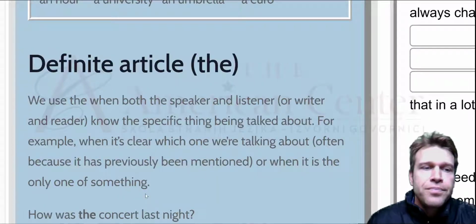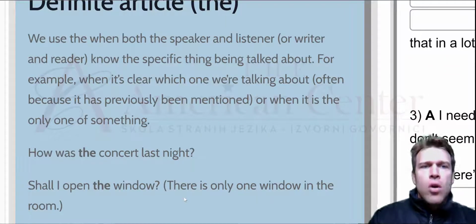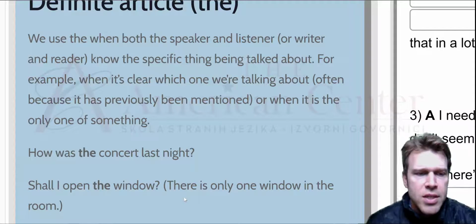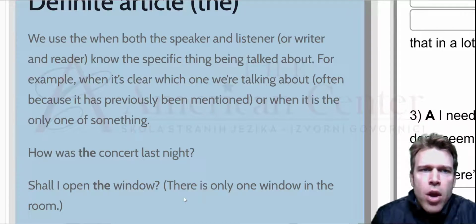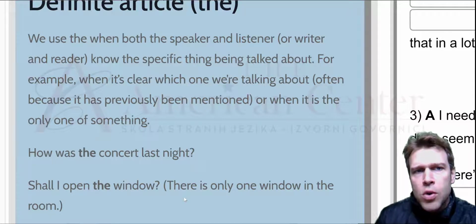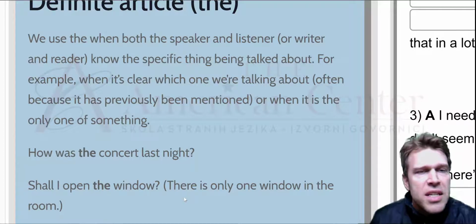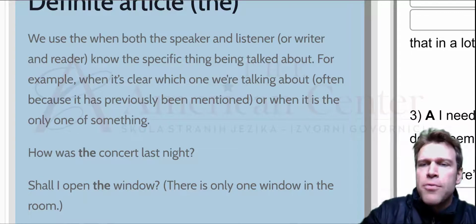So know that. The definite article we've already mentioned, okay? Definite articles are concrete. They are specific. All right? So when we talk and use definite articles, it is implicit sometimes, or we use inference.